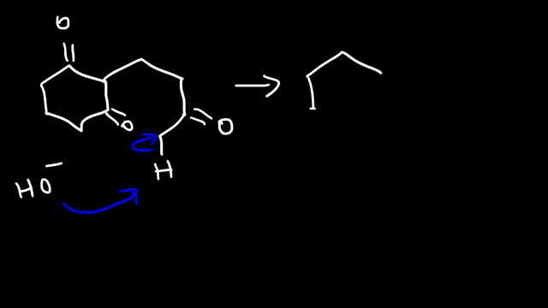Now the next step is to take off the alpha hydrogen. Giving us another enolate ion.